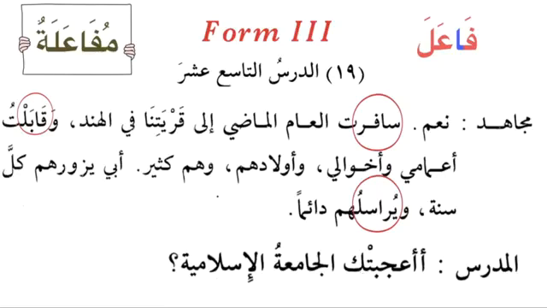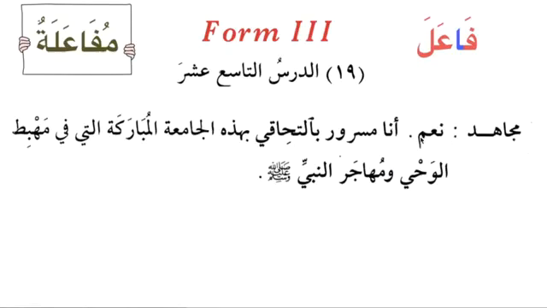That's how you will ask a question. So Mujahid says, Naam, ana masrurun. I am the one who is happy. I am very happy biltihaqi, for registering bihadihil jami'atil mubarakati. So in this blessed, what is mubaraka? Again, it comes from form 3. Baraka yubariku. Mubarik is the one who blesses, and mubarak is the thing which is blessed.